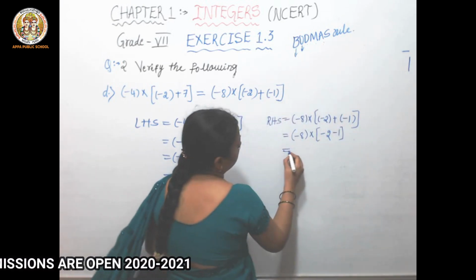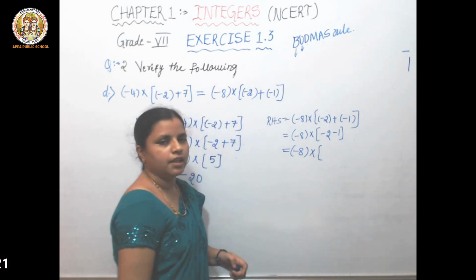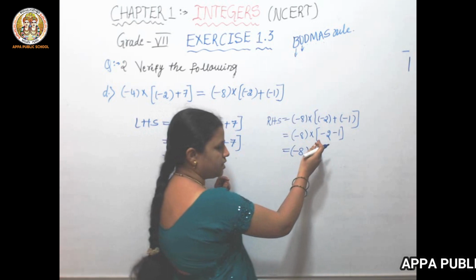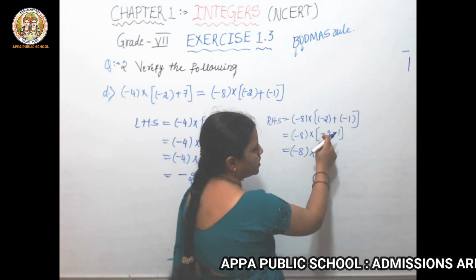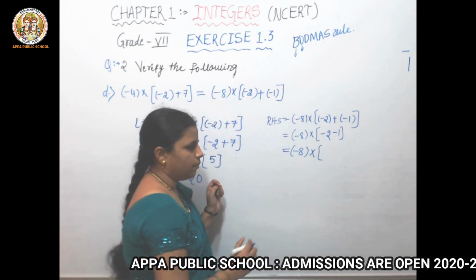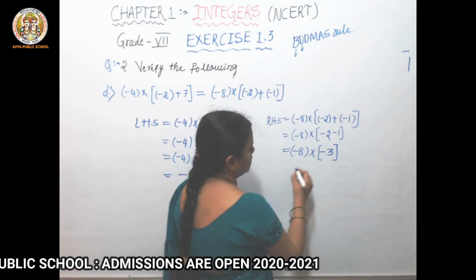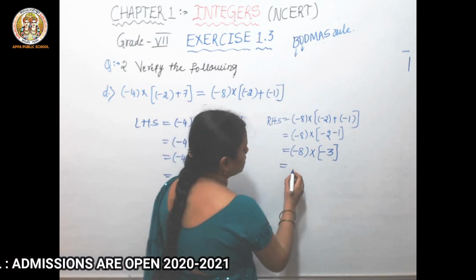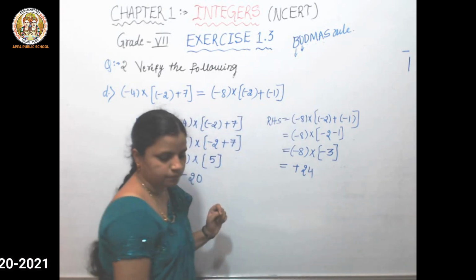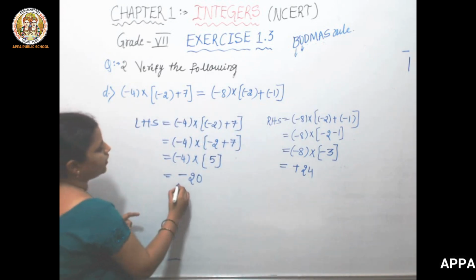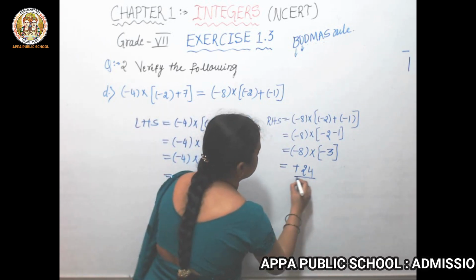Now minus 8 into, both are with the negative sign, so we will add these two numbers and keep the sign of the respective number. So 2 plus 1 as 3 and the minus as it is. Now minus into minus as plus. 8 3s are 24. See here, LHS we got minus 20 and RHS has plus 24.